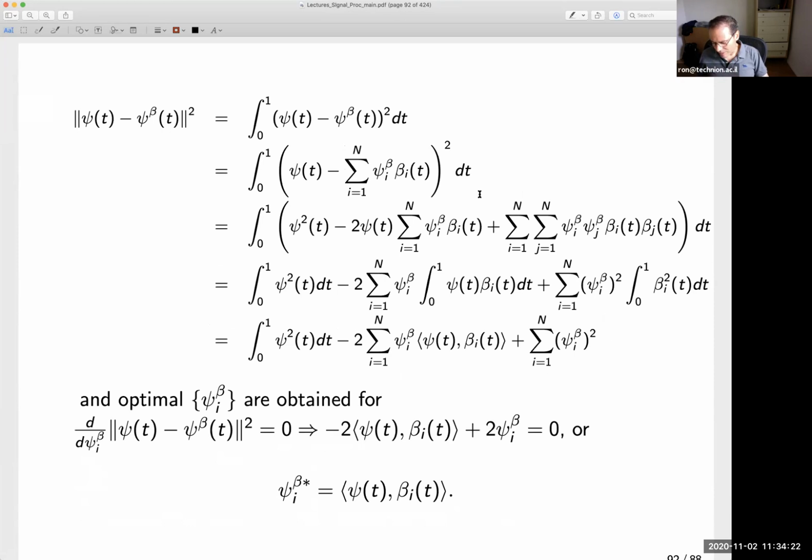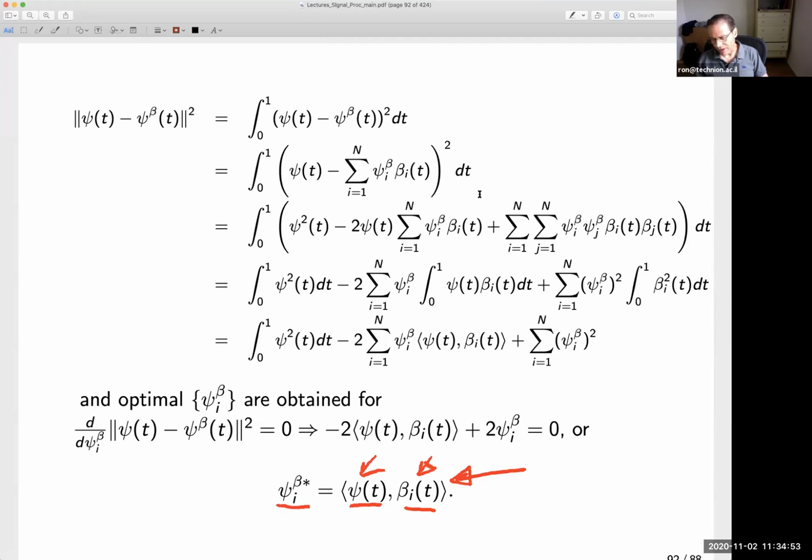If we do that, then surprise, surprise, what we get is that the thing that we have to do is project our function onto the corresponding, not basis, but rather elements of my family, functions of my family, okay? So the optimal coefficient of representing psi in the beta space would be projecting psi onto beta I. So this would be the scalar coefficient psi I.